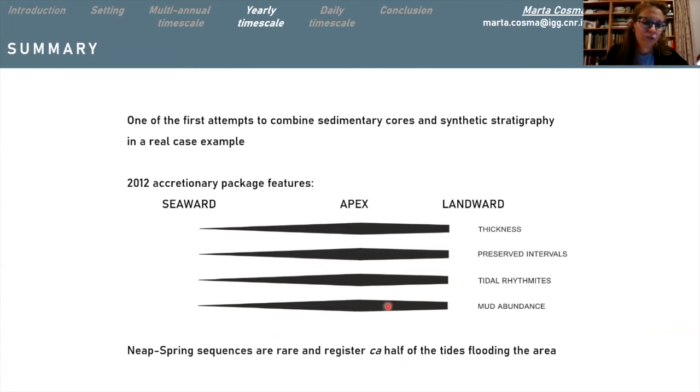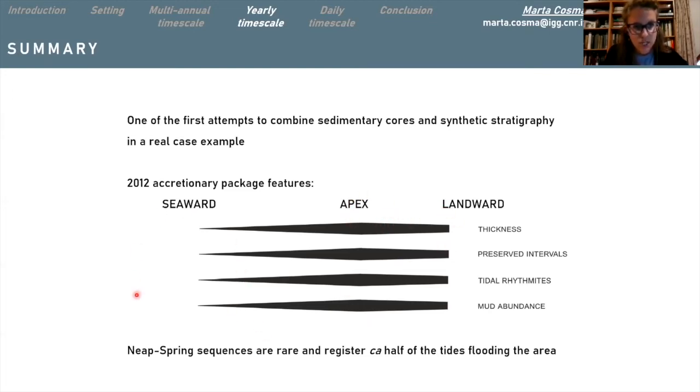The accretionary package shows an increase of thickness, number of preserved increments, and abundance of tidal rhythmites and mud in the apex zone and just landward.